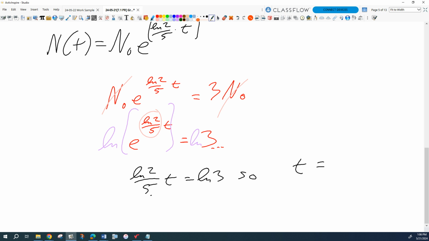Yeah. Okay, so I'm going to get t equals 5 log 3 over log 2. So what is that? If I plug that in a calculator, roughly 7.92 hours. How about that?